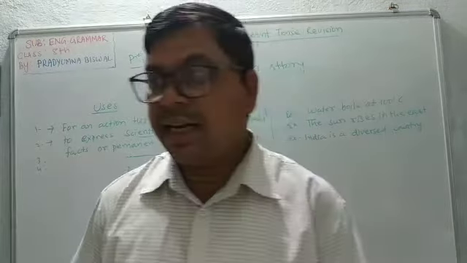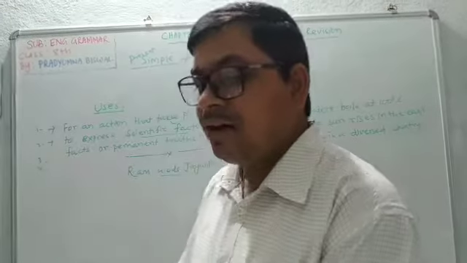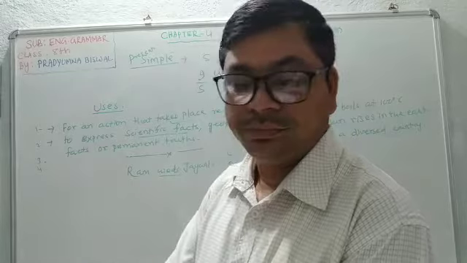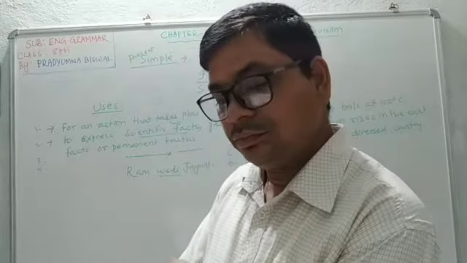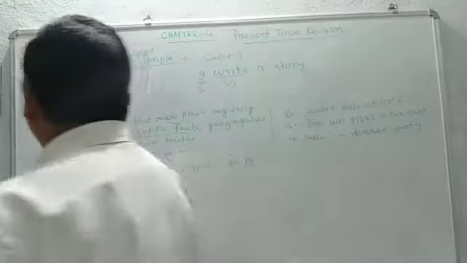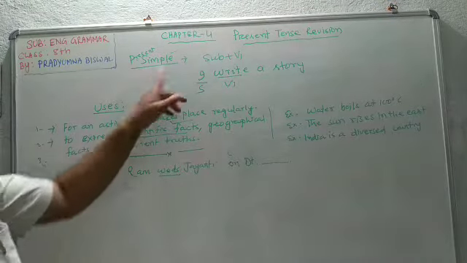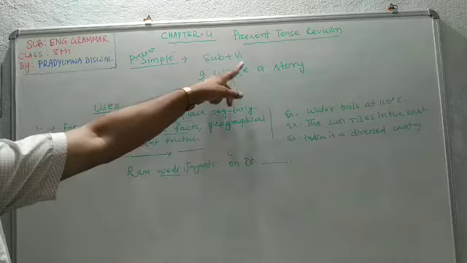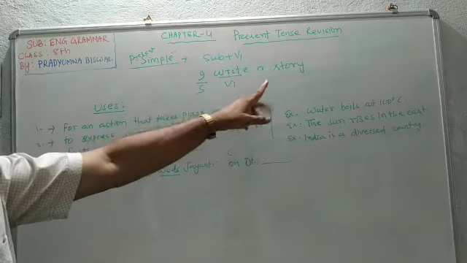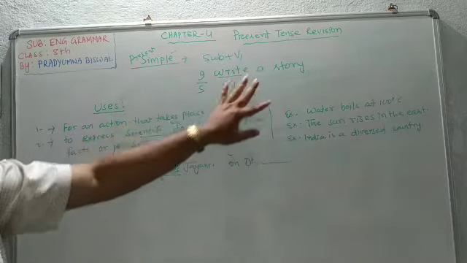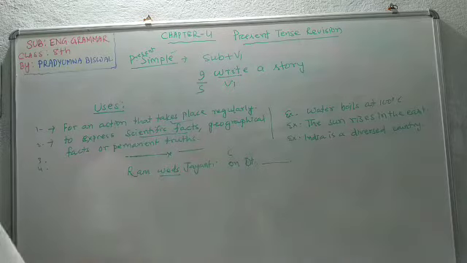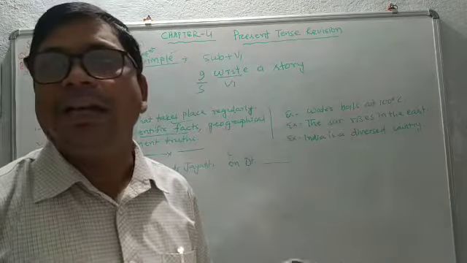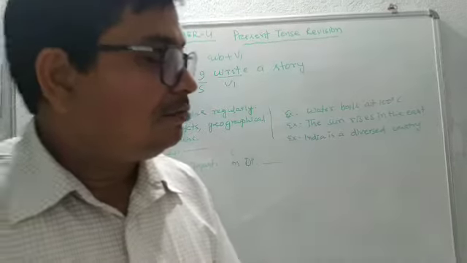So again, I am going to revise. So these are the present simple tense. Present simple tense pattern: subject plus V1. Example, I write a letter. I write a story. All these things. It has been given in your book, point wise I have told you, you will go through your book and check it.